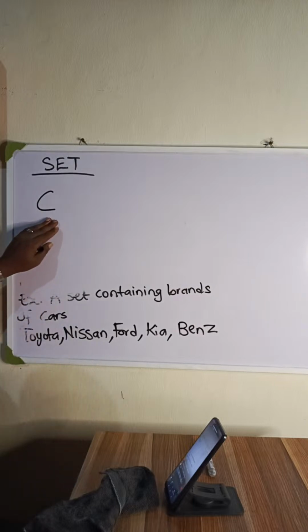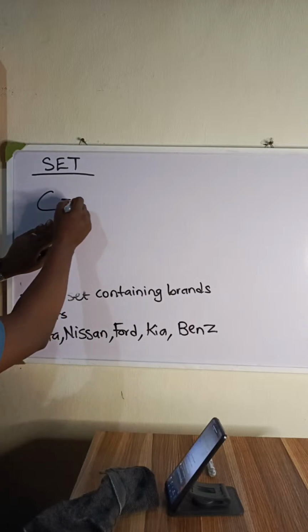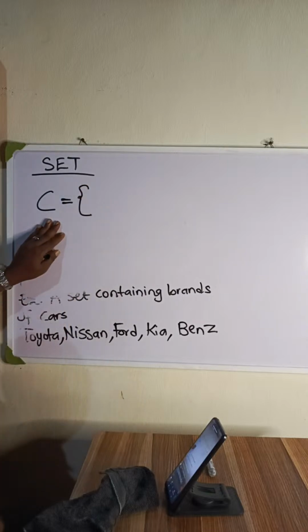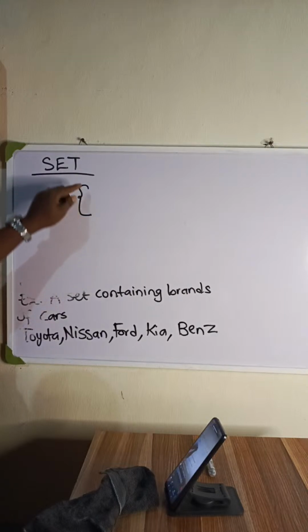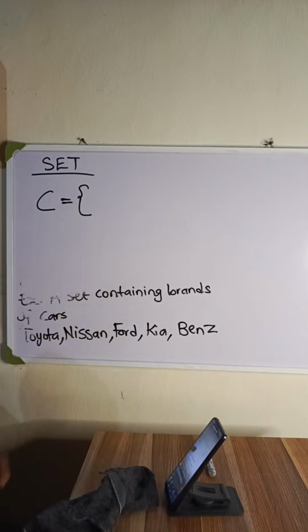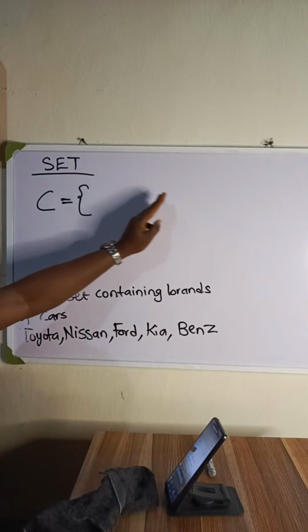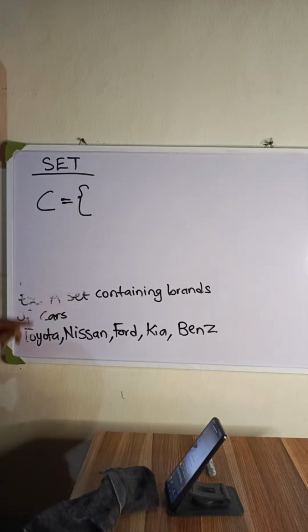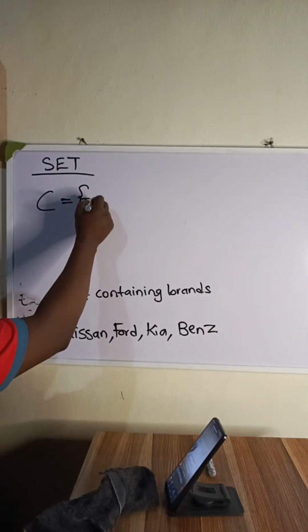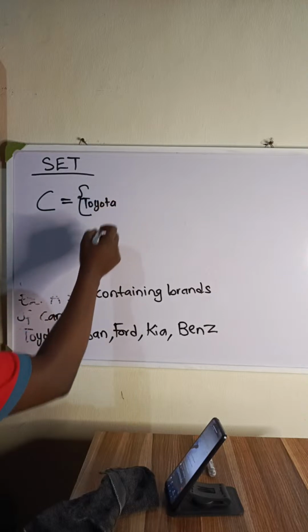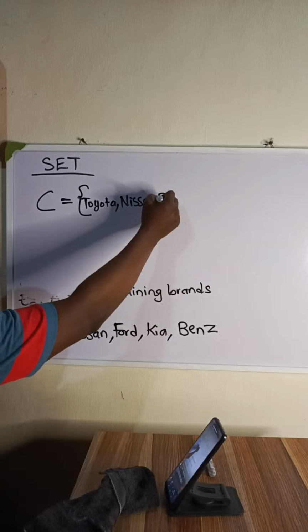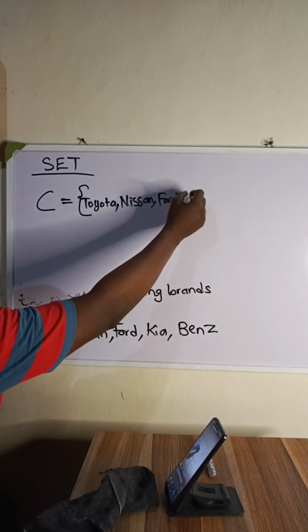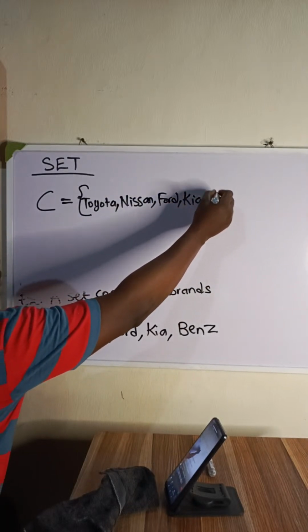C, the set of cars for example, is equal to, and this curved bracket contains all the members of that set. So you're going to see in this Toyota, Nissan, Ford, Kia, and so on.